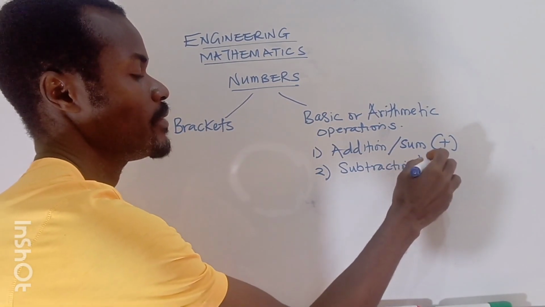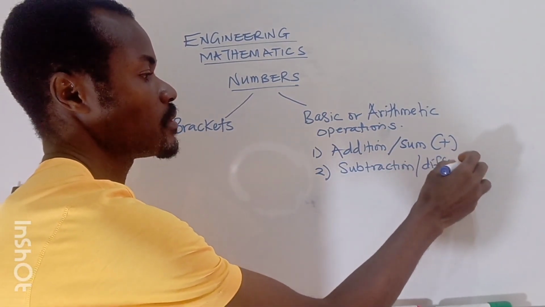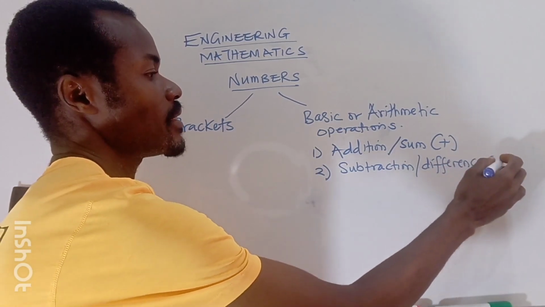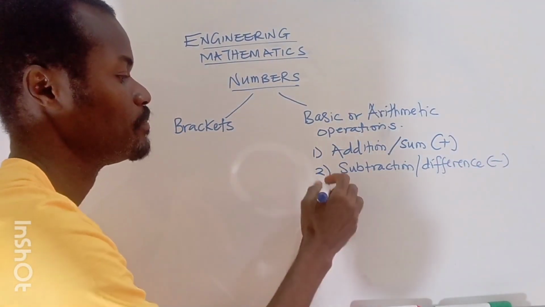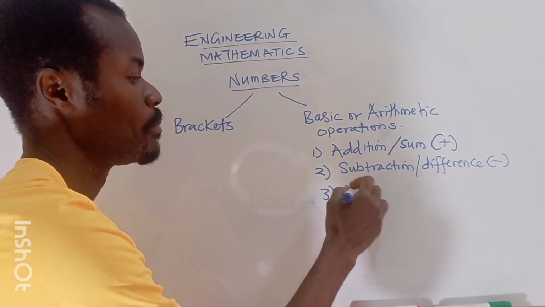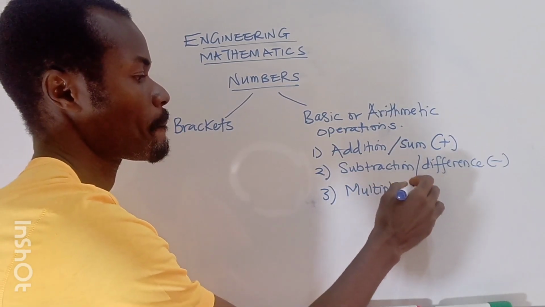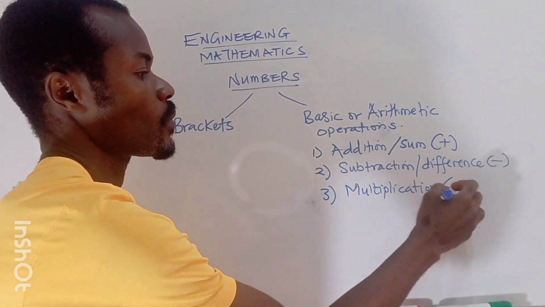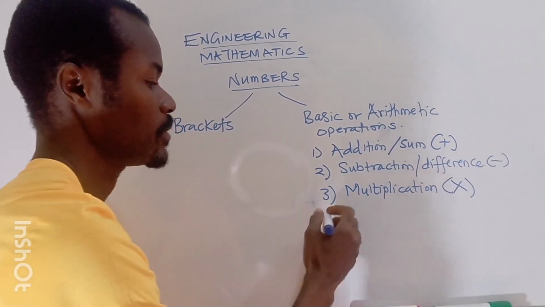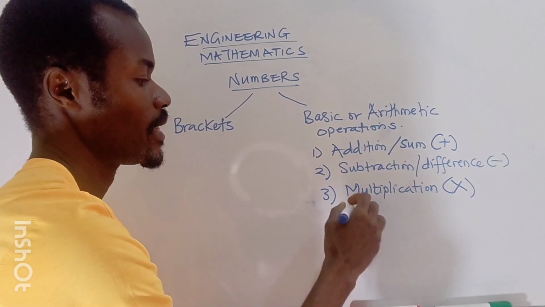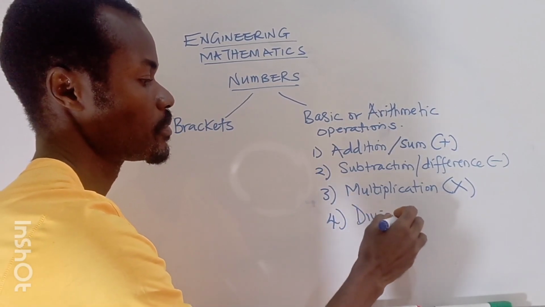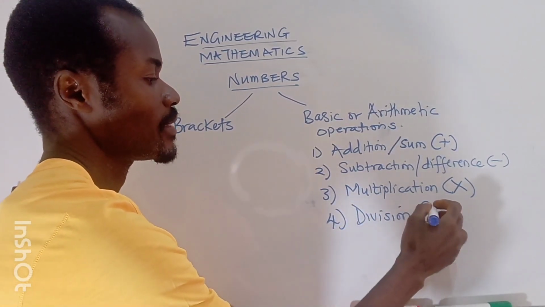We also call it difference, and the sign is this. Then we have multiplication, and the sign is this. And the fourth one we have is division, and the sign is this.